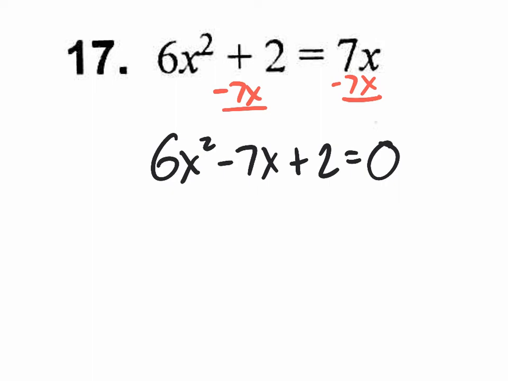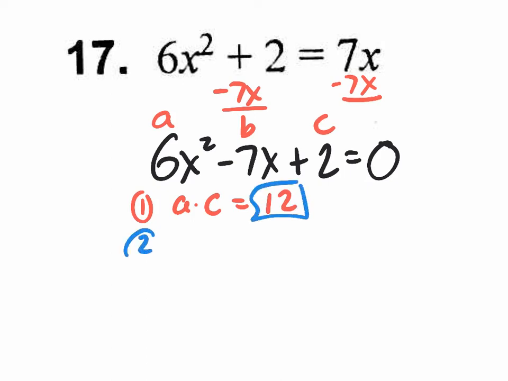Okay, so the first step, if you have an a value that's not 1, is to multiply a times c. So that's 6 times 2, that is 12. Step 2 is to think of the multiples of 12 that combine together to give you the middle value, which is negative 7. So we have 1 times 12, we have 2 times 6, we have 3 times 4.